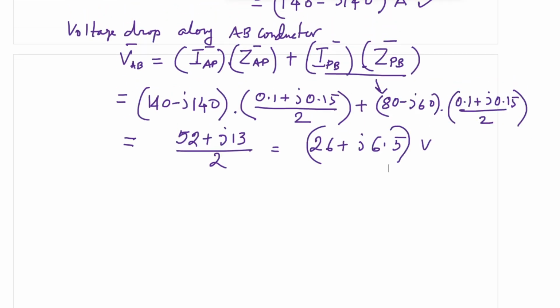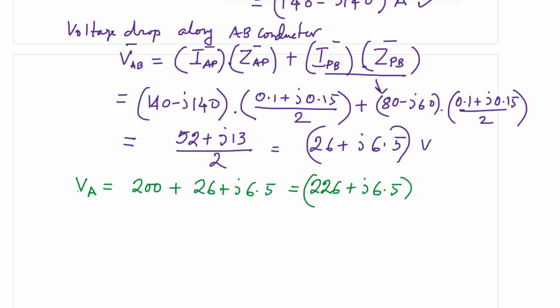So what is VA? What is supply voltage at point A? So VA should be equal to 200 volt plus this value 26 plus J6.5, which is equal to 226 plus J6.5 volt.